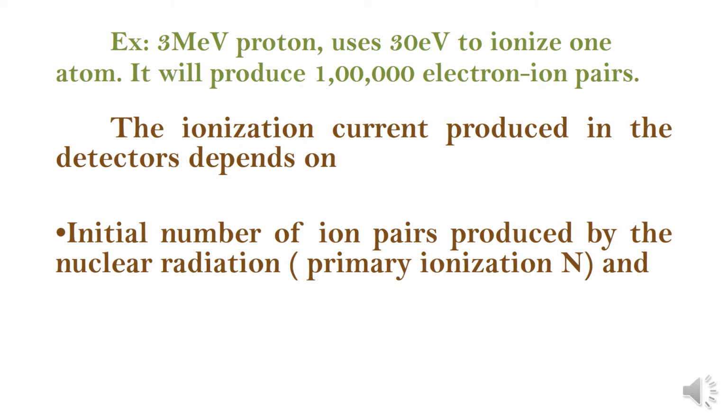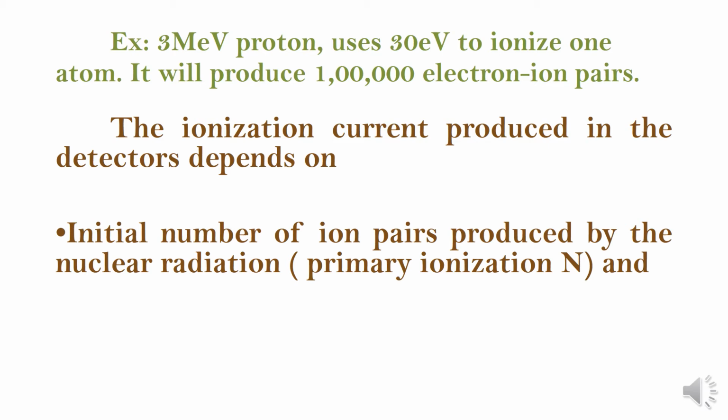Now, the initial number of ion pairs is also called primary ionization, and it is denoted by the letter N. N is nothing but the number of ion pairs which is produced because of the interaction between the nuclear radiation and the material medium.